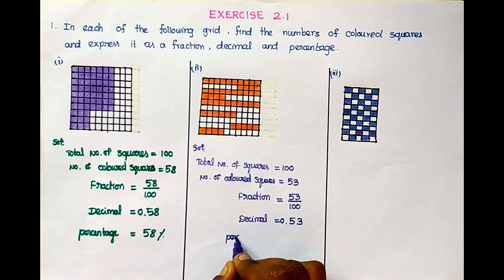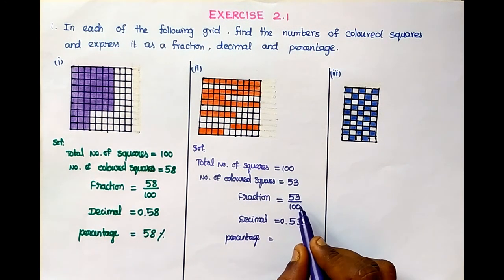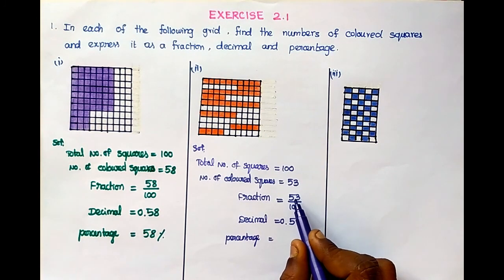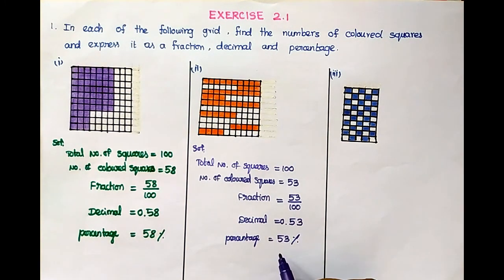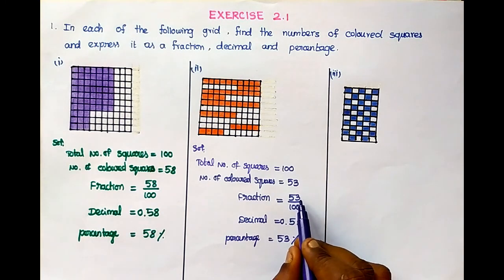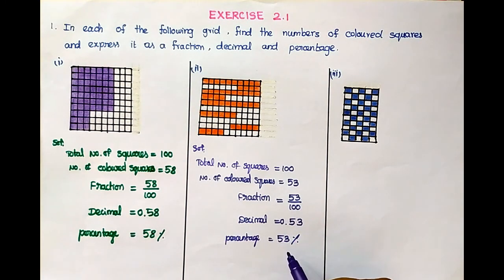Next one, percentage. 53 divided by 100, so 53 percent. Percentage is out of 100, so out of 100 it is 53, that is 53 percent.